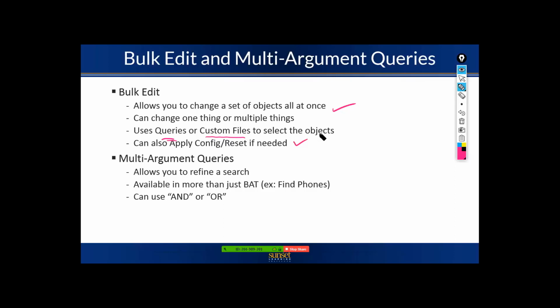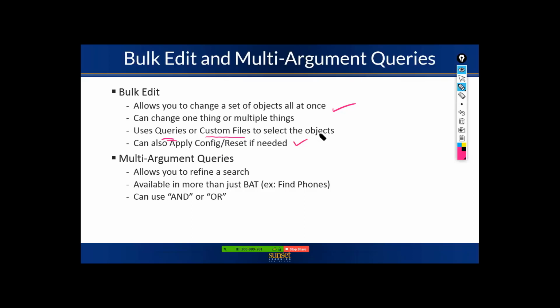Now, the other part of the bulk edit is multi-argument queries. For instance, maybe I need to change a checkbox or a field on a bunch of 8845 phones, but only the ones in a certain device pool. Or I need to change a bunch of directory numbers that have a particular partition, but only ones that have a certain voicemail profile.